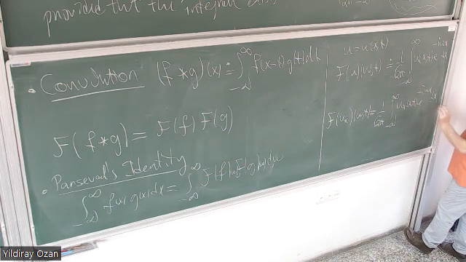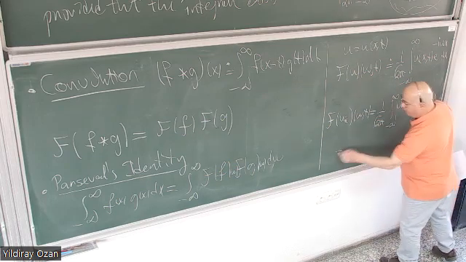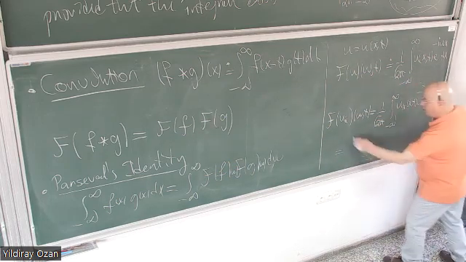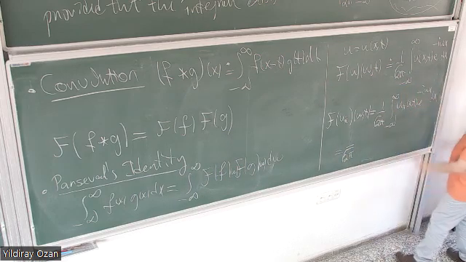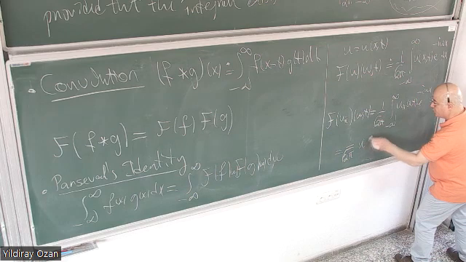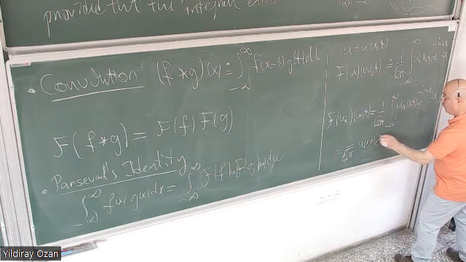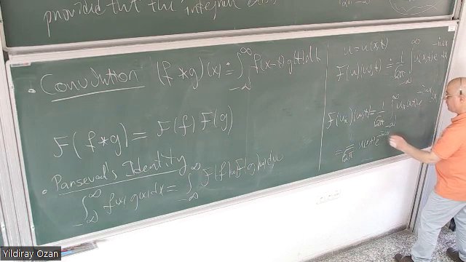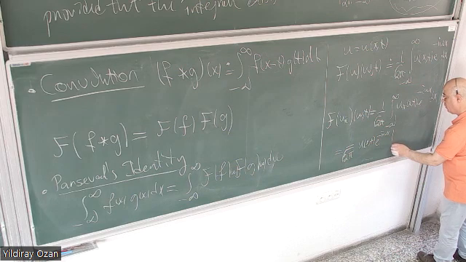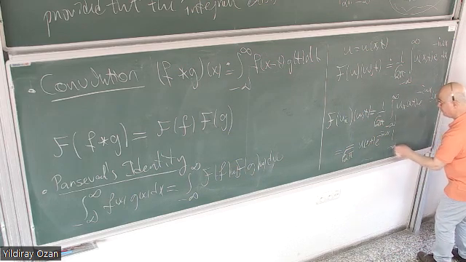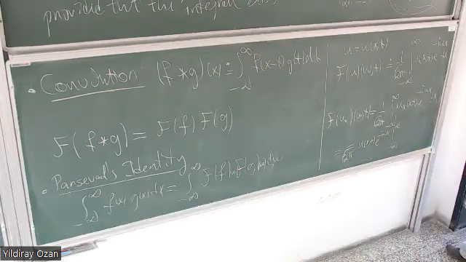Well, we apply integration by parts. So this is 1 over square root of 2 pi. And then integral of this, which is just u x t e to the power minus i w x, from minus infinity to plus infinity.